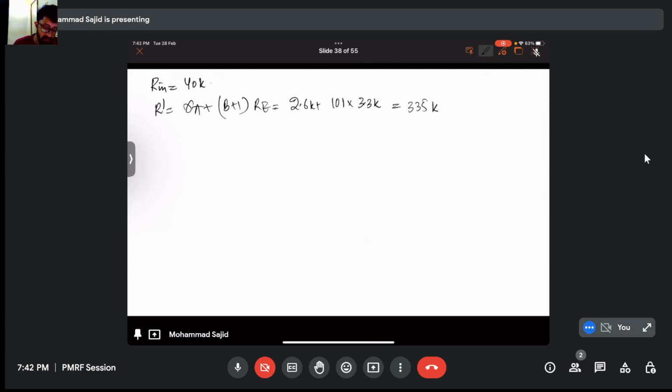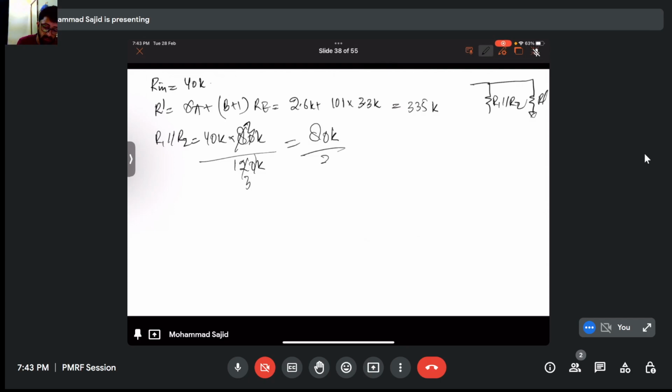Okay. Now it's in parallel combination with R1 parallel R2. Now R1 parallel R2 is equal to 40k multiplied by 80k divided by 120k. That will be 80k by 3. Okay, now these two are in parallel.